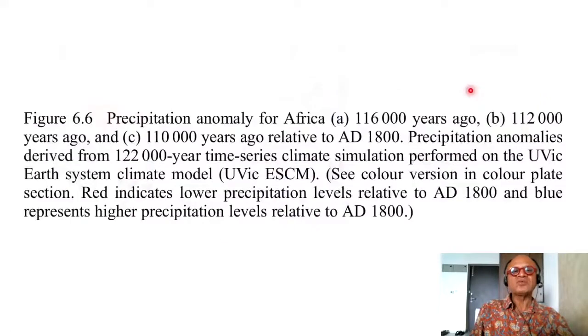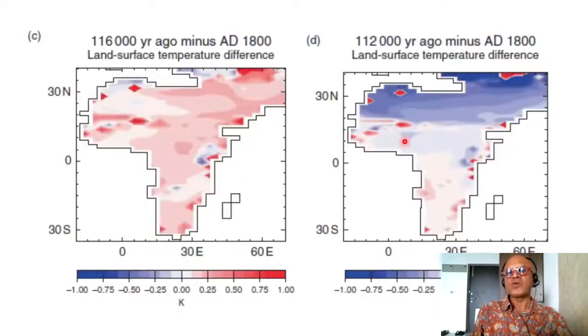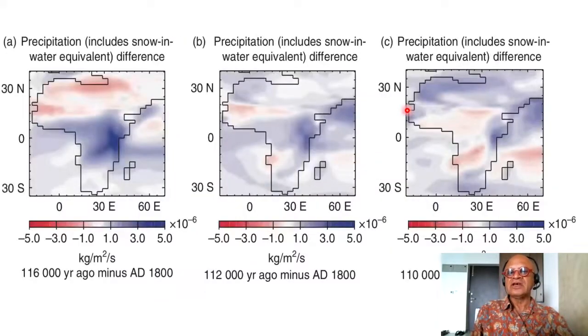So there has to be some consistency between the warming and the cooling in the model, because to get cooler and wetter in the low latitude regions is not easy. In high latitudes, cooler temperatures maybe bring more snow, because this includes snow in water equivalent.